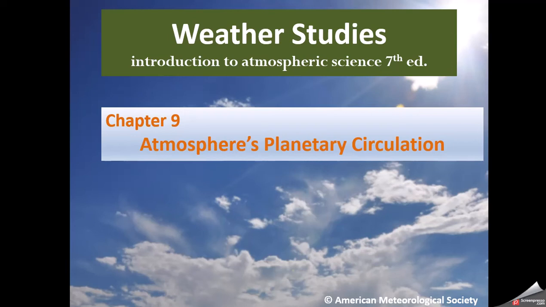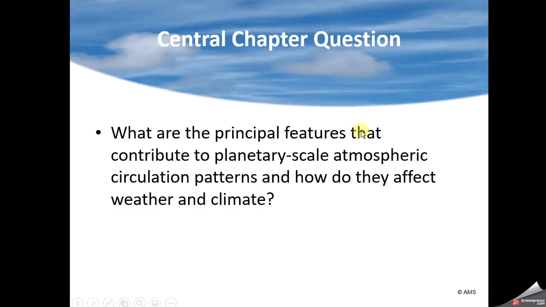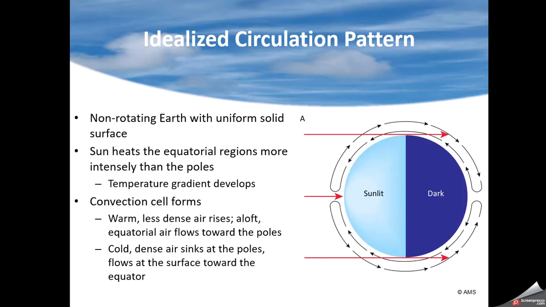So, what are some of the features of this wonderful circulation? Well, think about it. If you have an idealized circulation and you had the hot side with direct sunlight and a cold side with no sunlight, and the Earth didn't rotate, we know that the cold side would get hot, and where the most direct sunlight hit, it would be the hottest in the tropics.